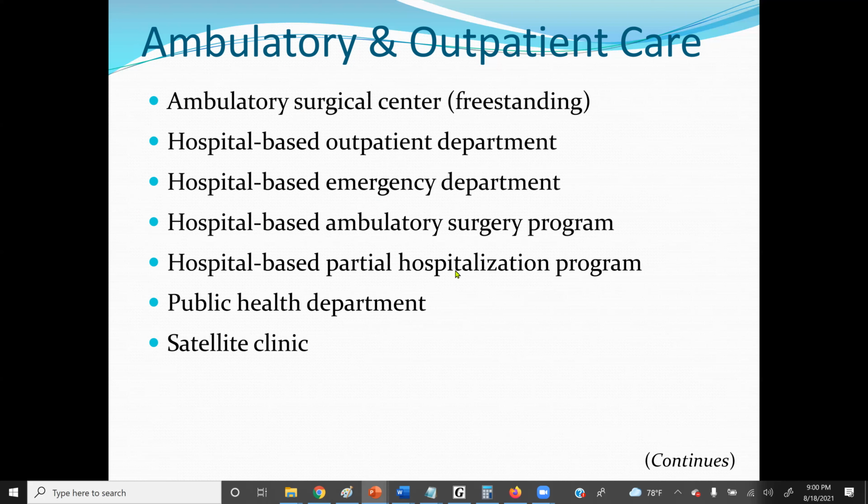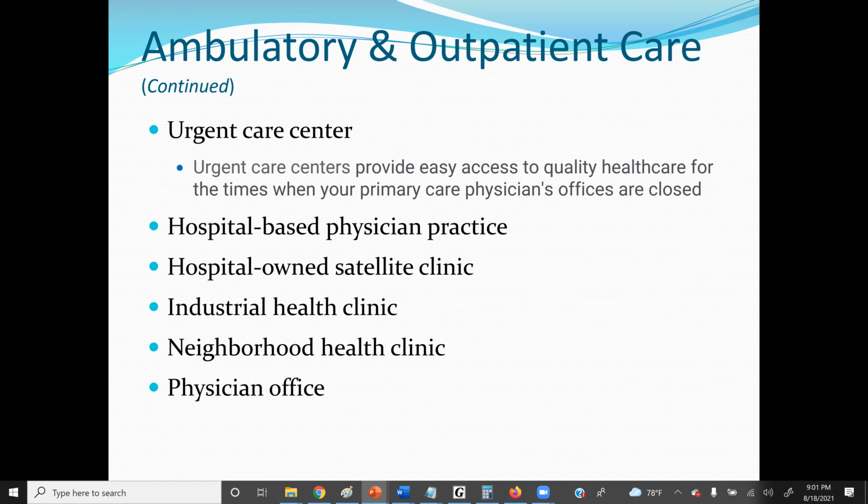We also have urgent care centers. And normally urgent care centers provide easy access to quality health care for times when our primary care physicians' offices are closed. We may have a hospital-based physician practice, a hospital-owned satellite clinic, which is again a clinic that is a distance away from the hospital but is part of the hospital.